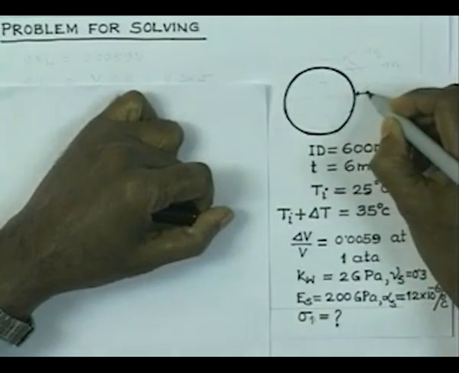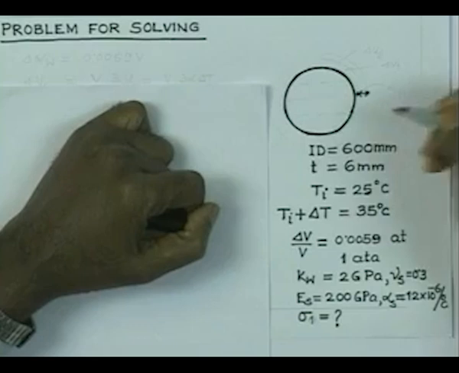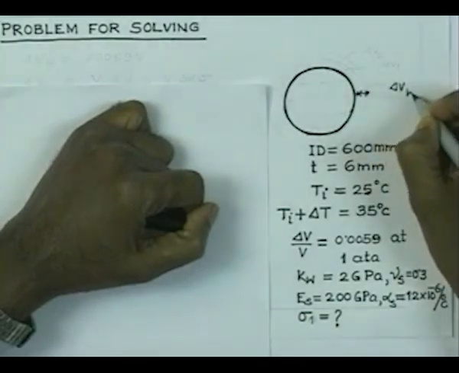So, there is a net change in the volume, and this now becomes delta V W as in the previous case.